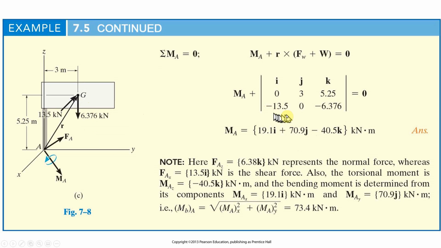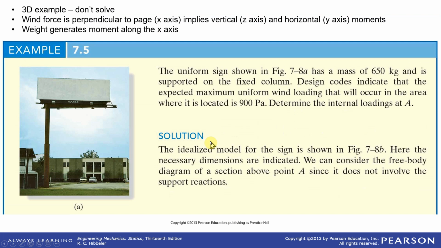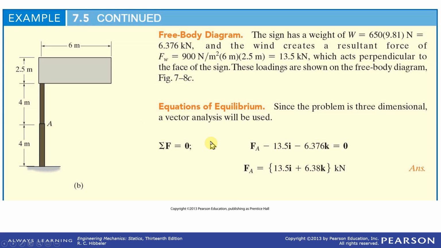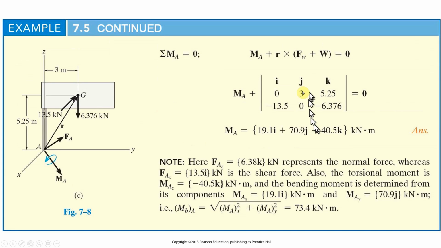This is due to the wind loading, and it's only along the x-axis. Let me see. Is that what we figured? Oh, here we go. Here's wind loading, 13.5 kilonewtons. And you crunch the numbers, you get this.